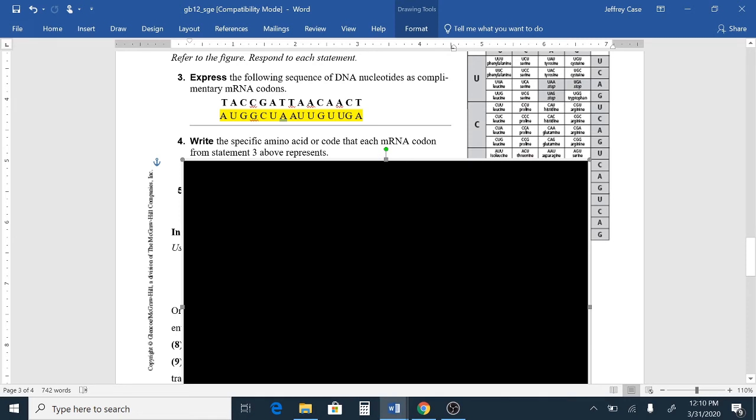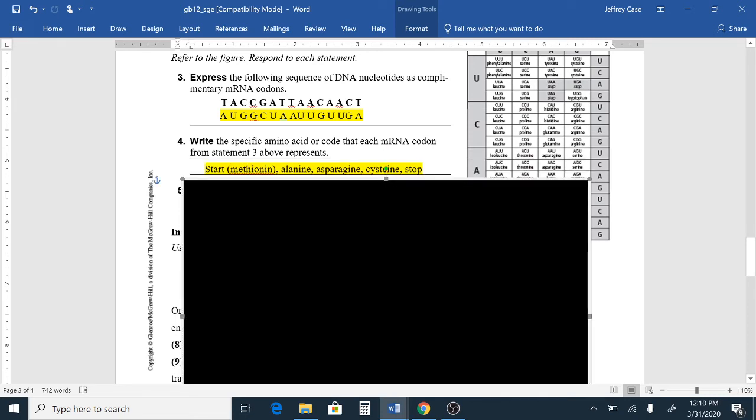From that, write the specific amino acid or code that each mRNA codon from statement number 3 represents.